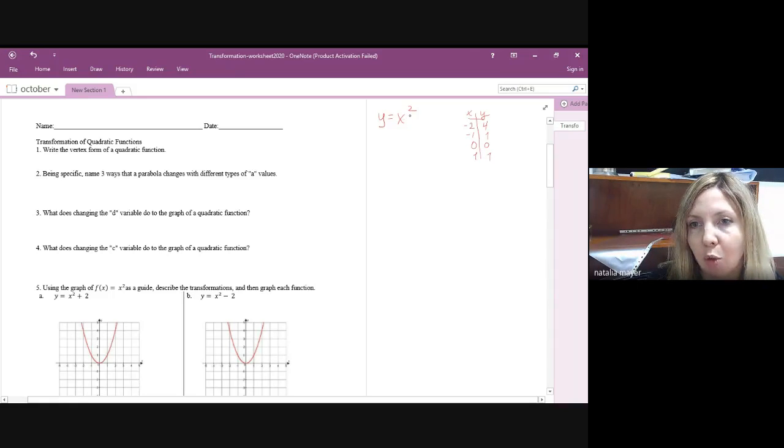And finally, 2 squared is 4. So those are the key points of the parent quadratic function, which looks like y equals x squared. So transformations is about changing this equation, which means that the shape of the parabola changes.